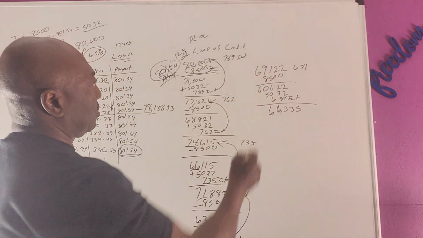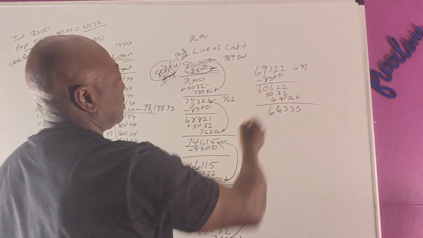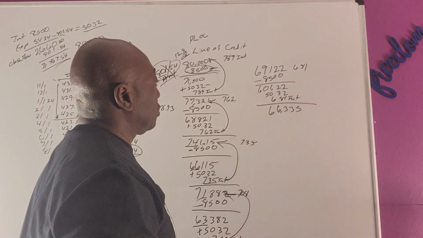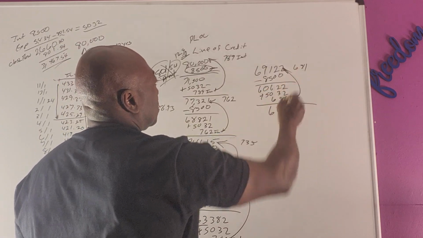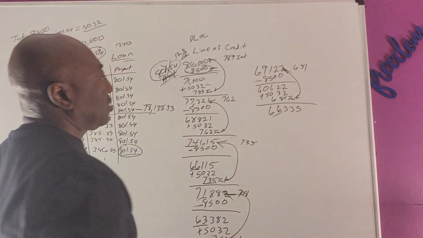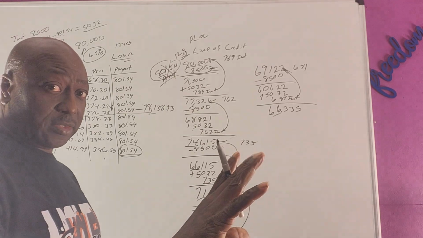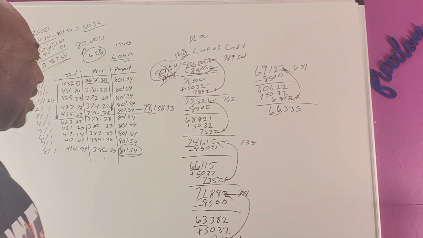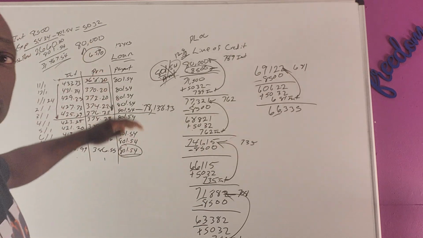Income goes in that, and it takes it down to 62,622. Then your expenses go in, and then the interest off that, and it takes it down to $66,335 after 5 months.